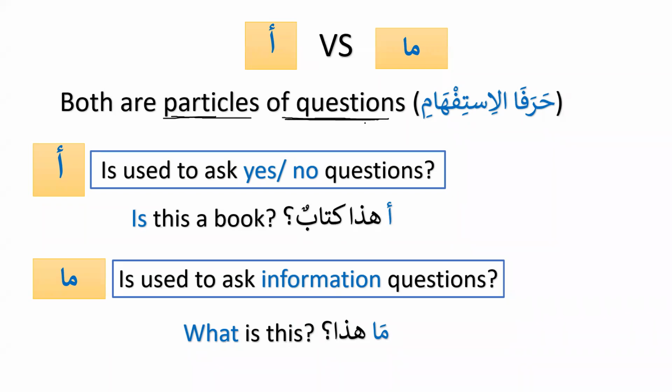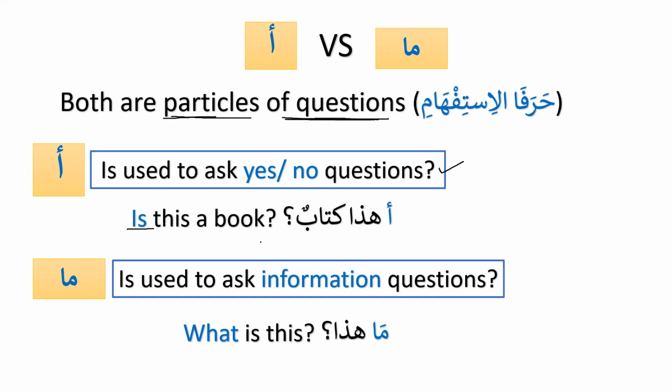Harafa al-istifham. Okay, what is the difference between these two? Hamza is used to ask yes-no questions. What does that mean? That means the answer is either yes or no. Look at the example. Ahada kitabun? Is this a book? What will be the answer?